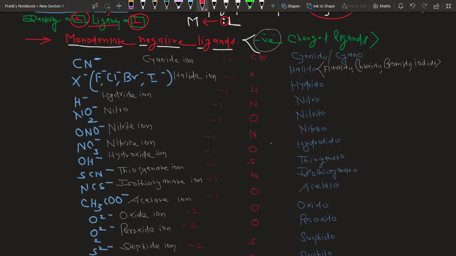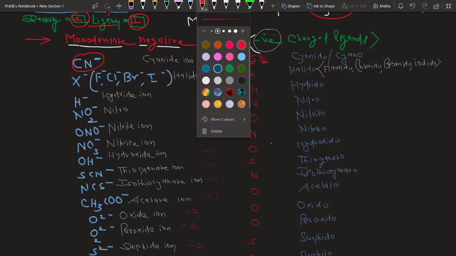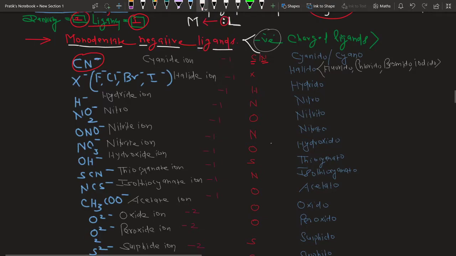The very first, CN minus, is called cyanide ion. The charge is -1, and the donor atom may be carbon or nitrogen. Sometimes in one molecule the donor atom is optional, like in CN minus, where the donor atom can be carbon or nitrogen.